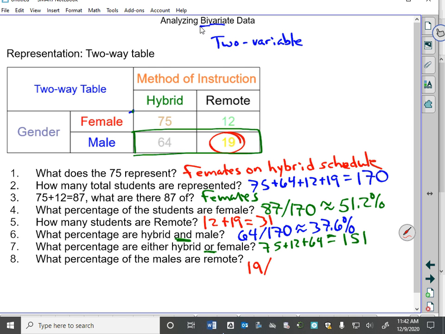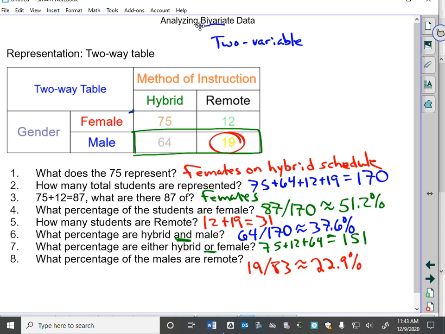There's 64 plus 19, which is 83. So 19 out of the 83 male students are on a remote schedule, and as a percentage, that's about 22.9%.